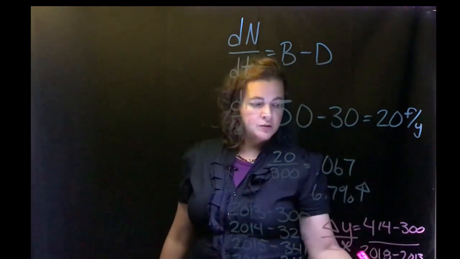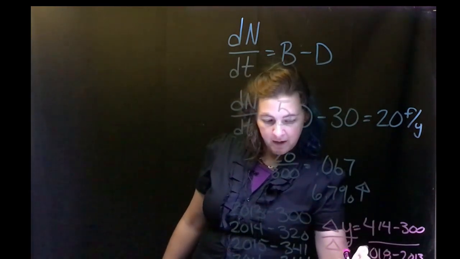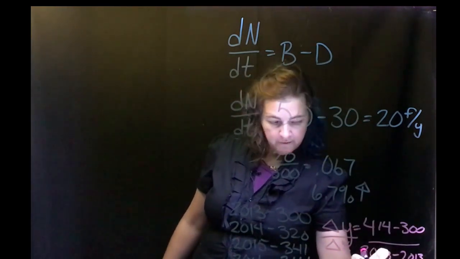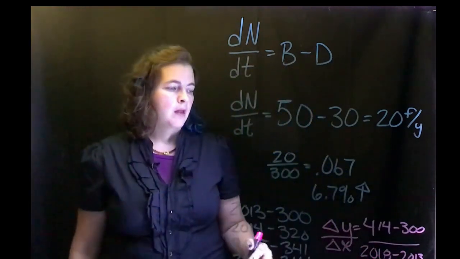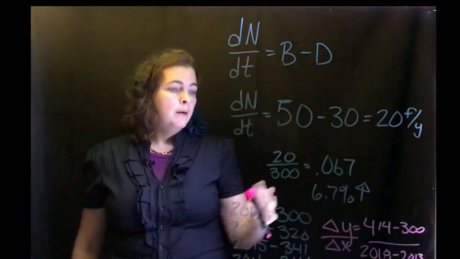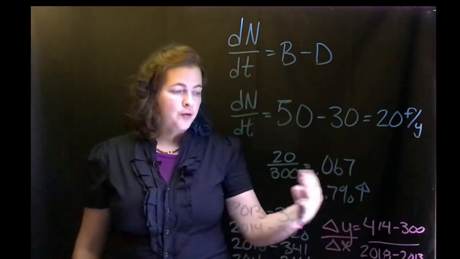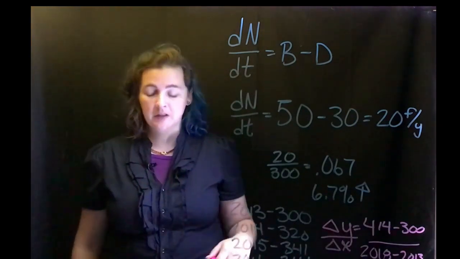I'm going to subtract those two, divide them, and that's going to come out to 22.8 falcons per year. So for the first year, it was 20 falcons per year, but when we do the average over those 5 years, it comes out to 22.8 falcons per year.